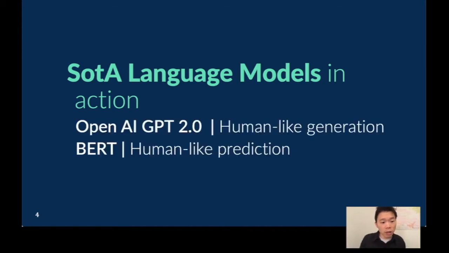Okay, so the top one for human-like text generation is the OpenAI GPT-2 model, and it produces human-sounding text of many different genres. The use-it-for-everything kind of tool is BERT, bidirectional encoder representations from transformers.